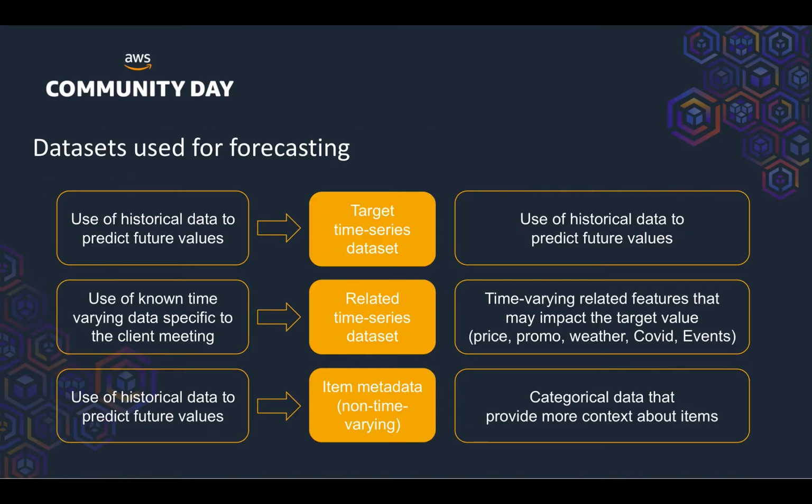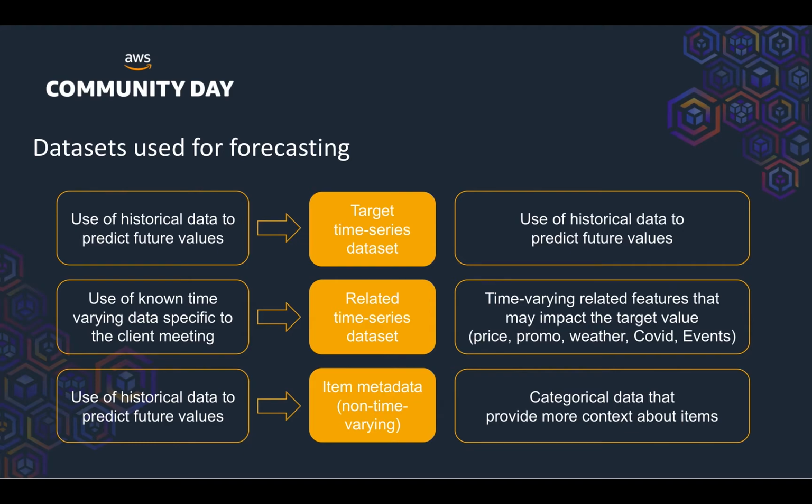This is an example of the three types of datasets which can be used for forecasting. As highlighted in the middle, the three types of datasets are the target time series dataset, the related time series dataset, and item metadata. The target time series dataset is historical demand data, which is used to predict future values.